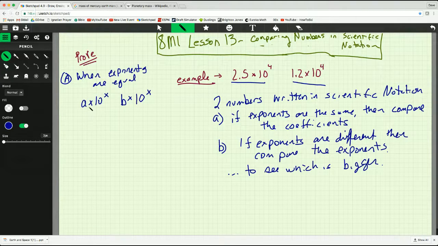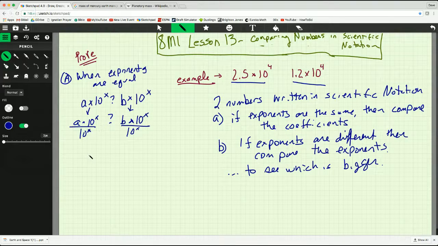Okay, so let's take this to the next step. We're going to divide both sides, and the question is how to compare them. So we have these things on a balance, and we want to see which one is bigger. This is B times 10 to the x, and we're going to divide both sides by 10 to the x.